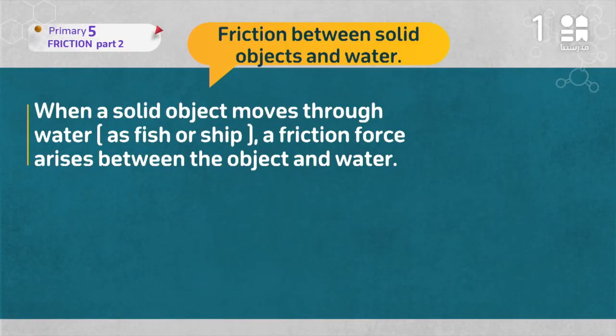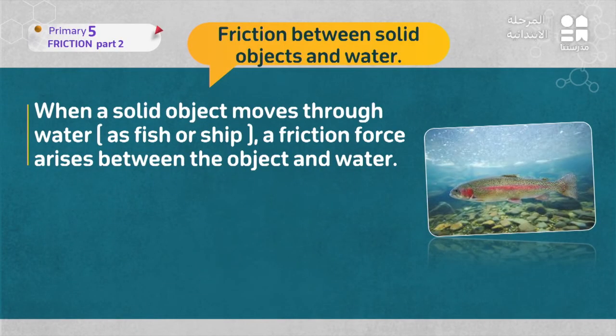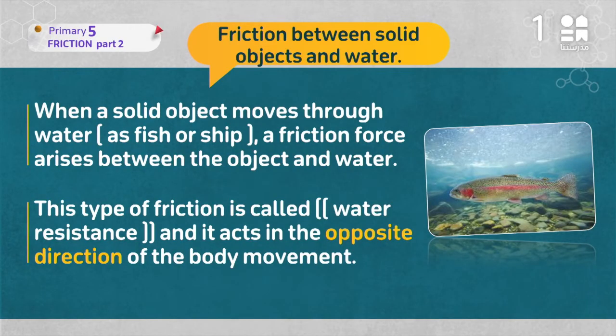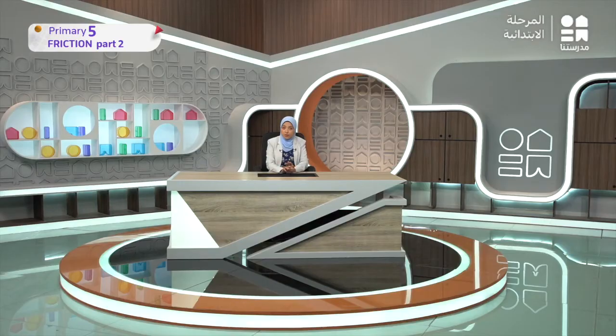When a solid object moves through water as fish or ship, a friction force arises between the object and water. لما الفيش بتعمل movement and the water بيبقى فيه friction ما بينها وما بين الووتر. بس الفريكشن دي هنقول عليها water resistance. So this type of friction it's called water resistance and it acts in the opposite direction of the body movement. اتفقنا ان اي friction in the opposite direction.